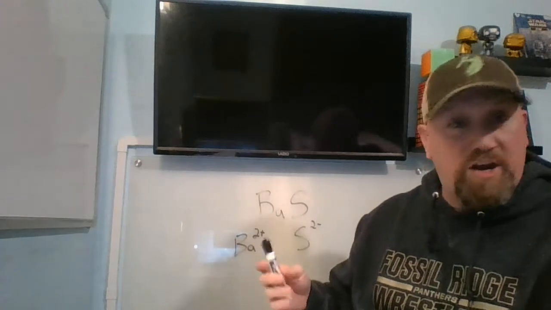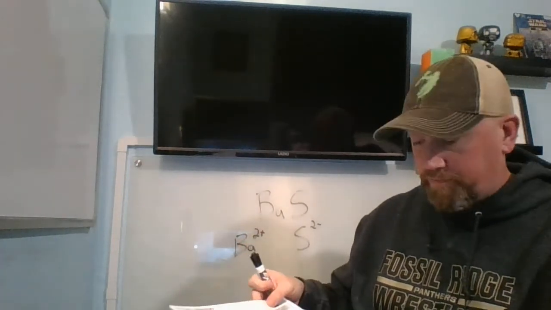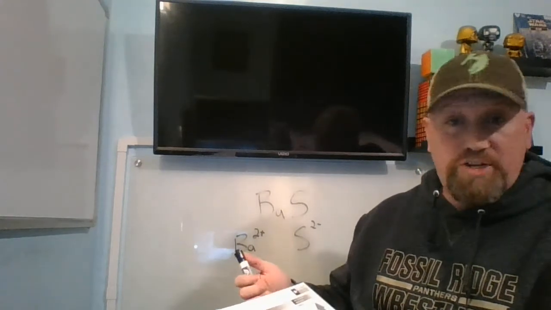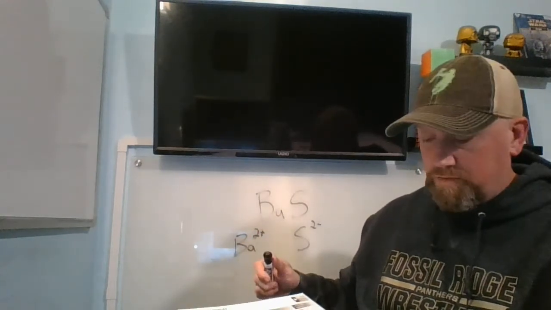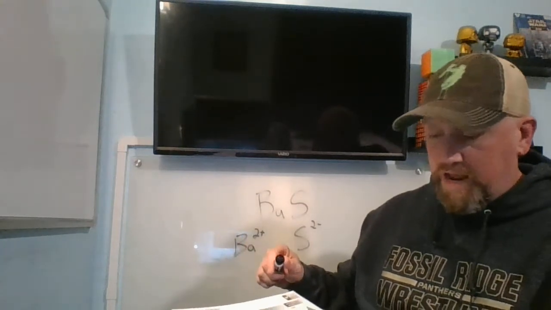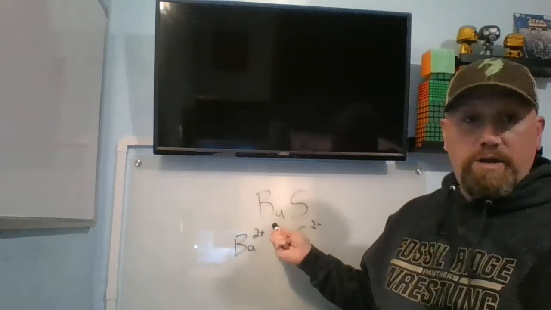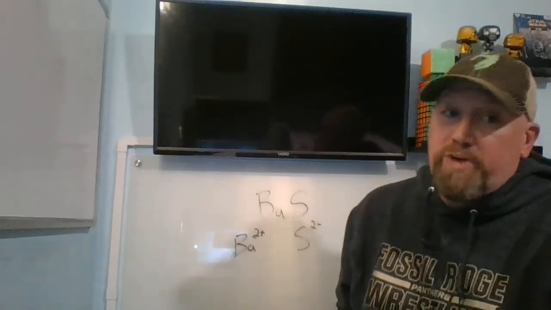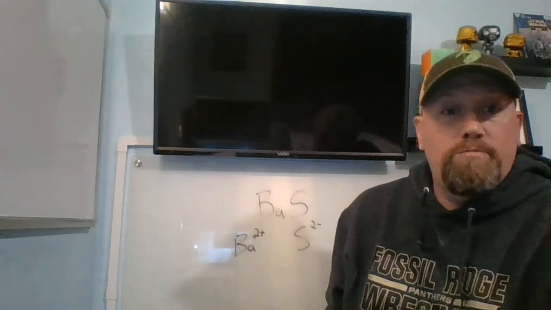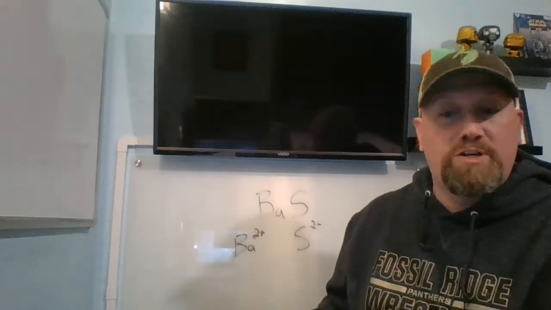Alkali metal cations. No, barium's in group 2. Calcium. No, we don't have calcium. Strontium. Nope. And the last one is barium. This sulfur is ionically bonded to barium. Barium's an exception.